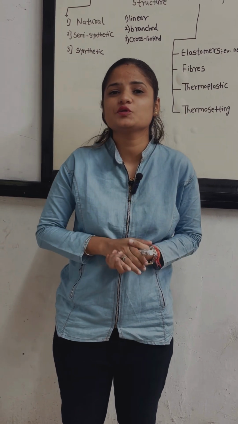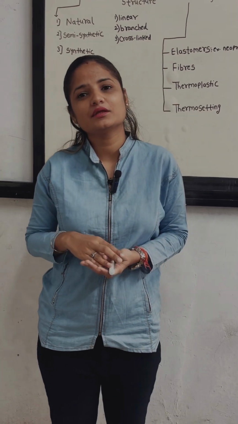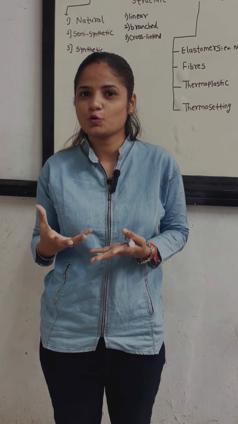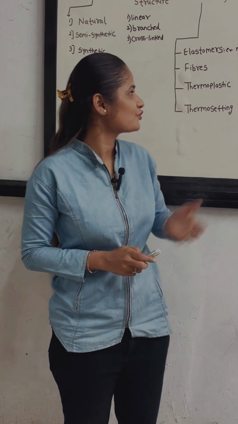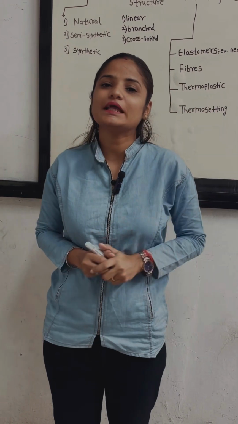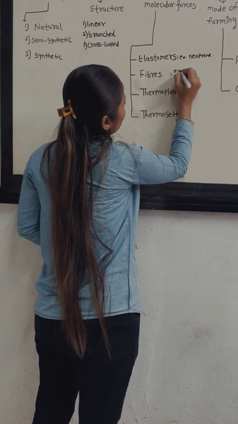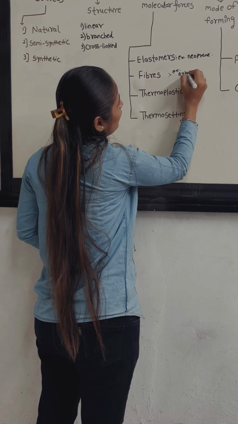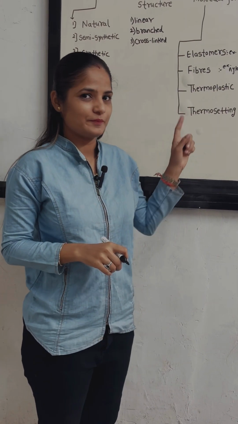Therefore they are mostly used in the textile industry, for making strong ropes, and also in making tires. Examples of fibrous polymers are nylon and terylene.